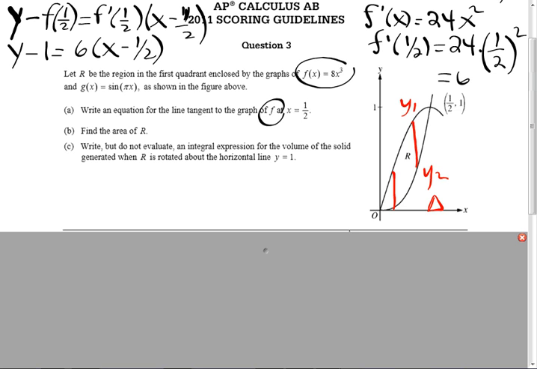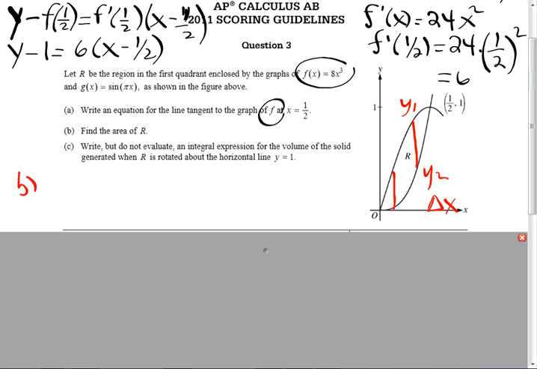How do you know which way to do it? Just draw the picture. This is delta x, and y is in terms of x's already. Had they written x equals 8y cubed, I would do it the other way. You just have to think about it.